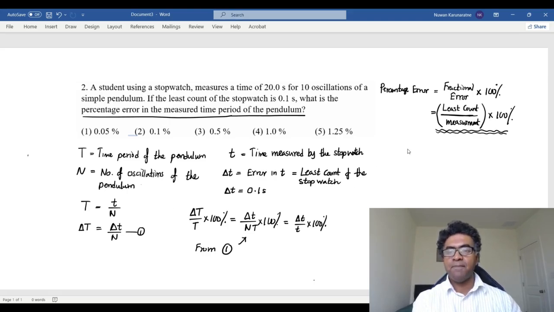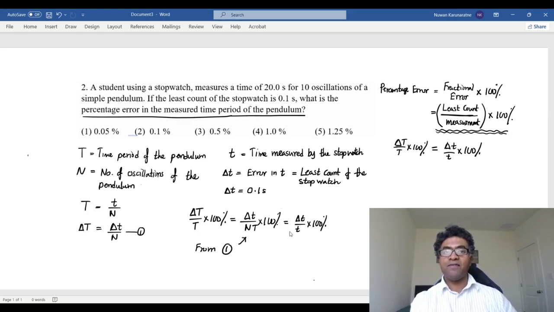For this example, that's what you need to know. Delta capital T over capital T times 100% is actually equal to delta simple t divided by simple t times 100%. Okay, so that's an important derivation for this particular problem.